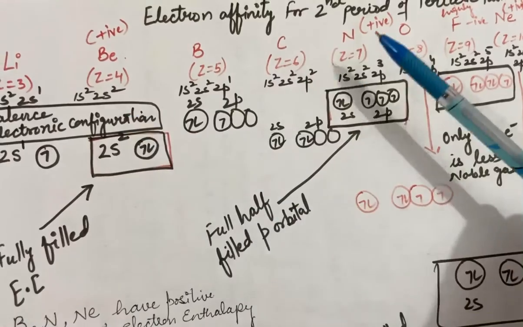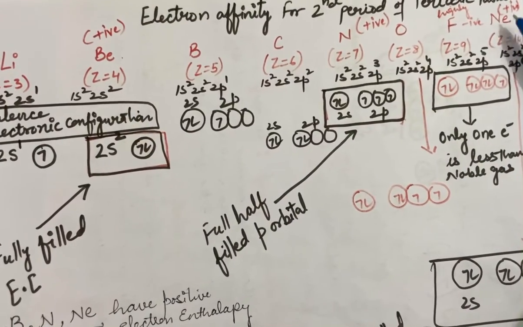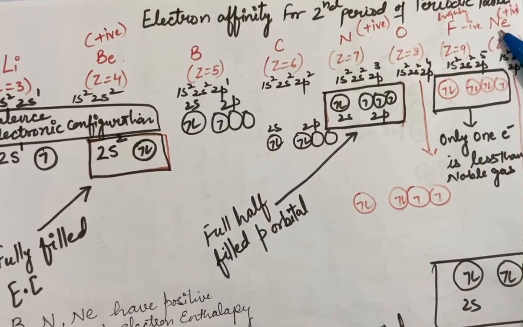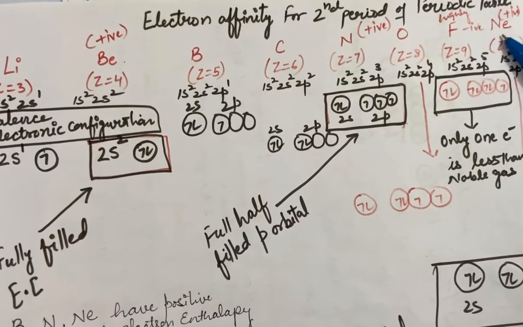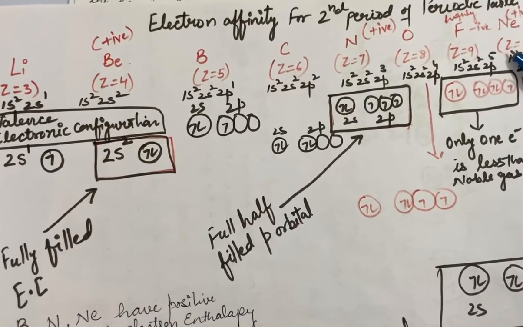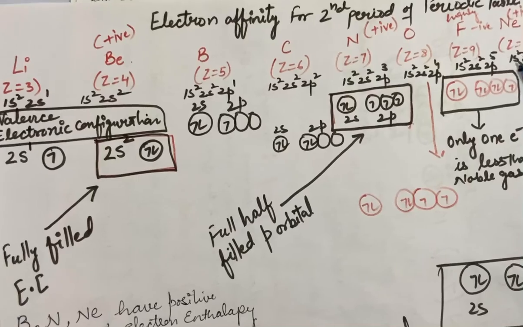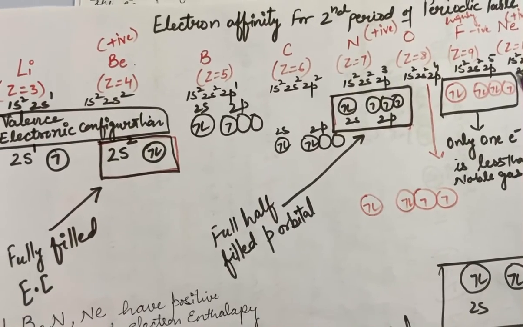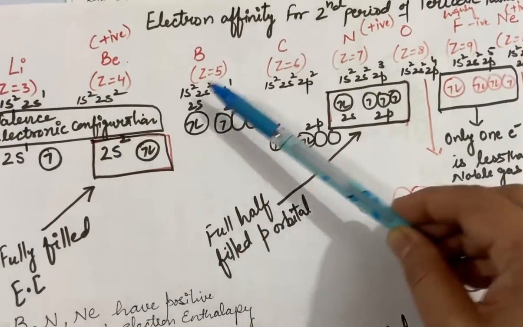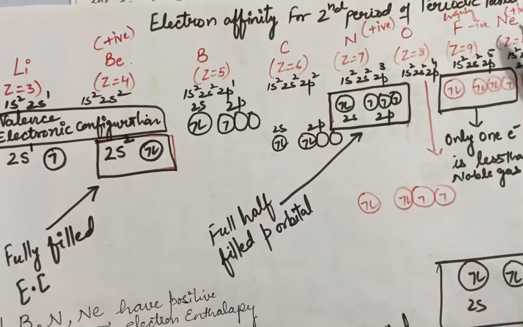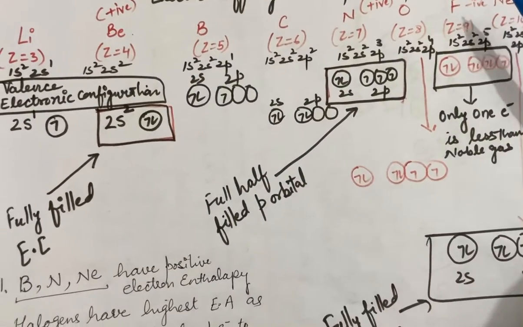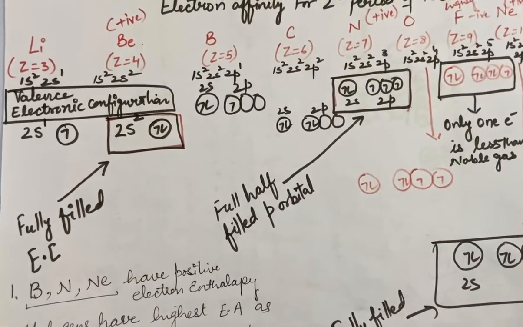Out of these, the noble gas neon has almost zero tendency to accept an electron because it already has a fully filled electronic configuration. So in case of beryllium, nitrogen and neon, we have to supply energy to add one electron.